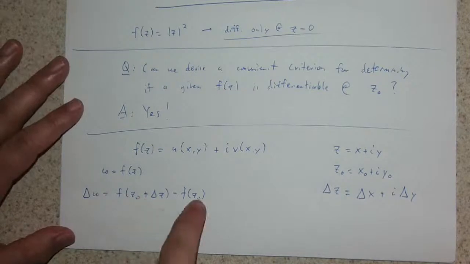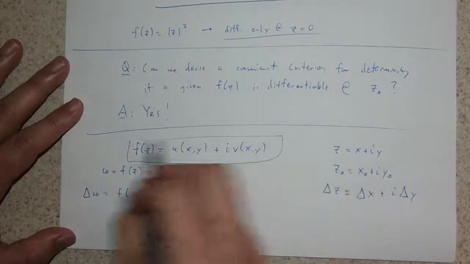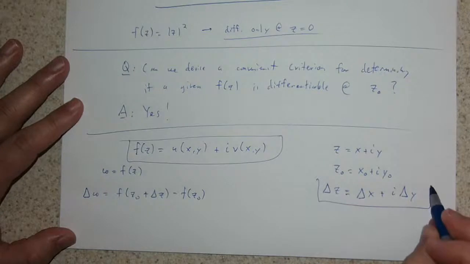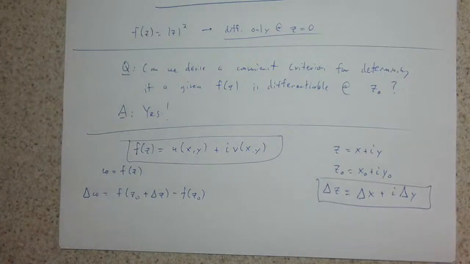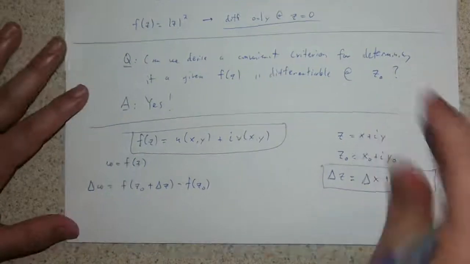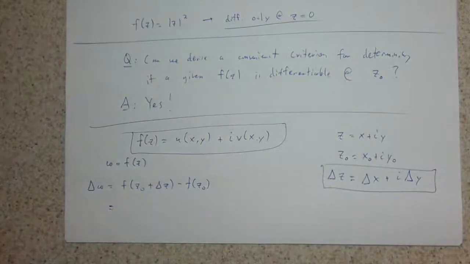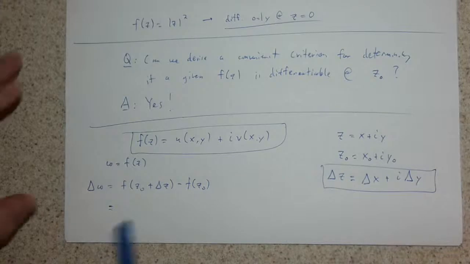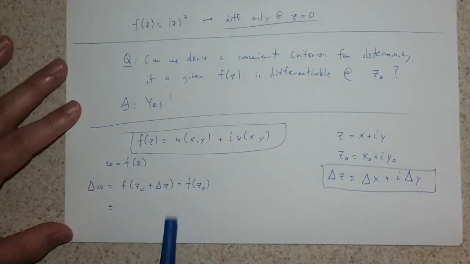Now, if we rewrite this in terms of u and v and delta x and delta y, what does this become? Let's be careful here. This is not actually too complicated. We just have to be careful about regrouping and being careful with our notation.